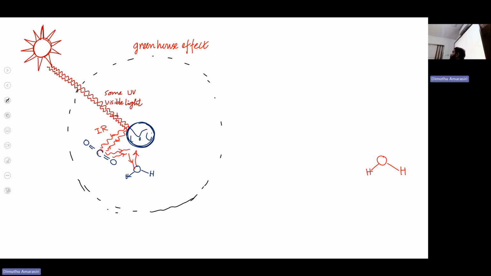Most of them are reflected by the earth, but a few are absorbed and converted to what? IR. These IR waves will be absorbed by greenhouse gases in the atmosphere, and they will be re-emitted back to the earth, warming up the earth.